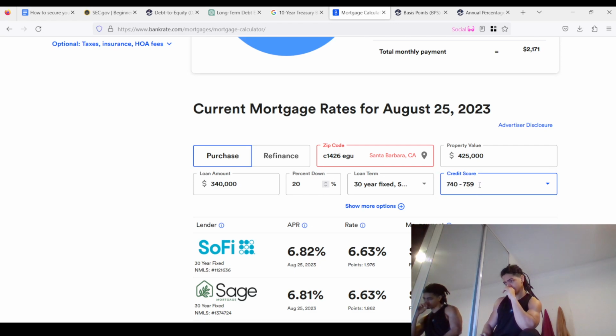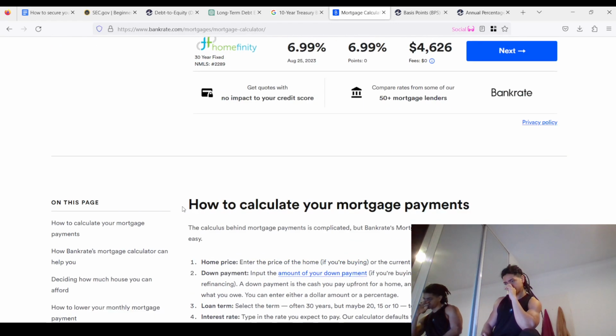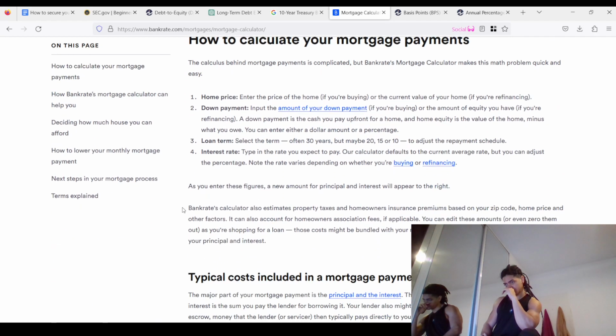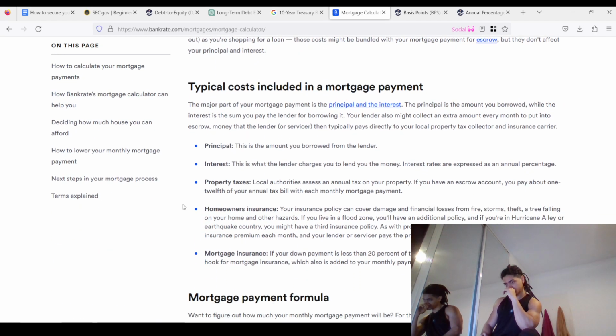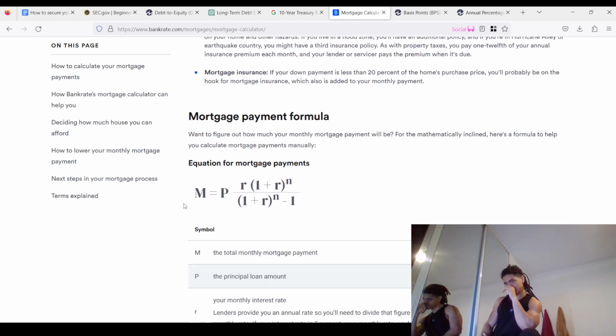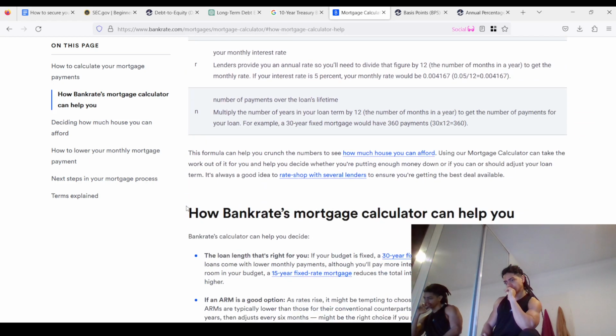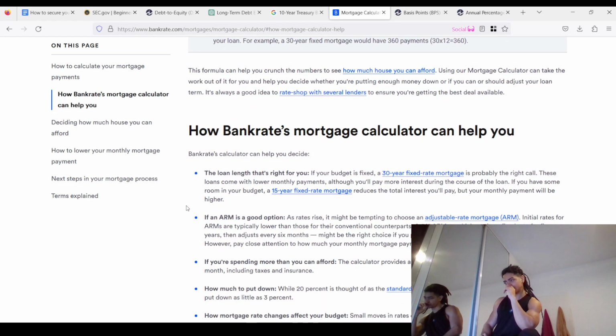Credit score. Mortgage payment formula. How a bank mortgage calculator can help you.